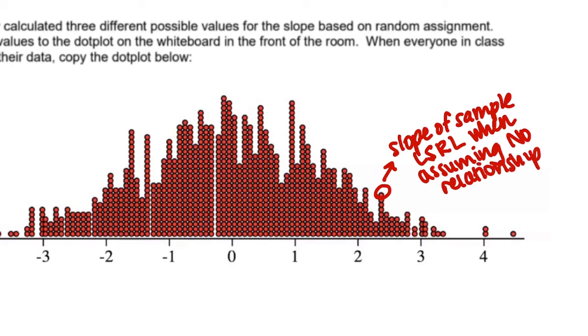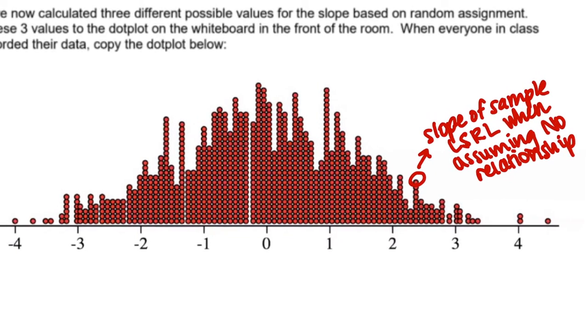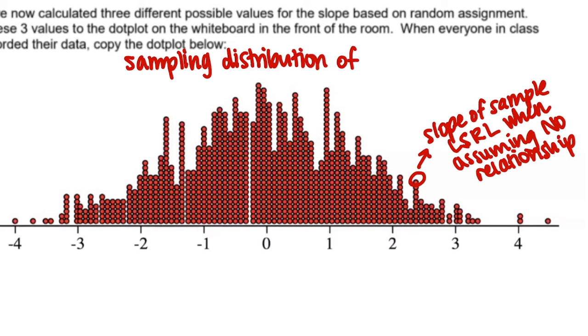And so what we would call, remember, when each dot is its own sample, that's what we call a sampling distribution of, and then whatever we write after "of" is what each dot is, which is the sample slope, lowercase b. And so I'm going to write sample slope there.